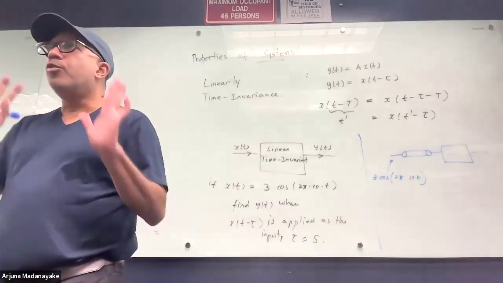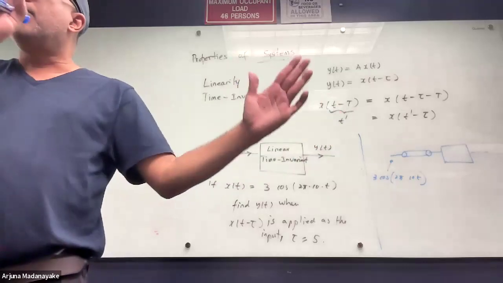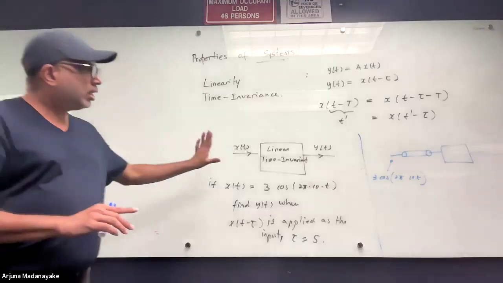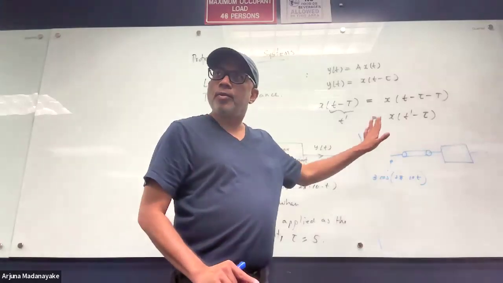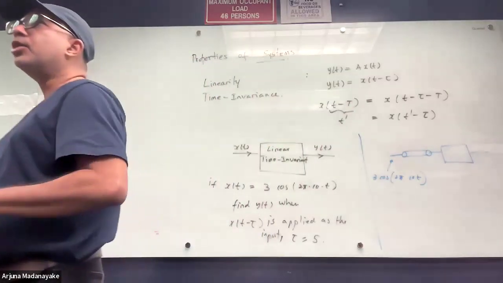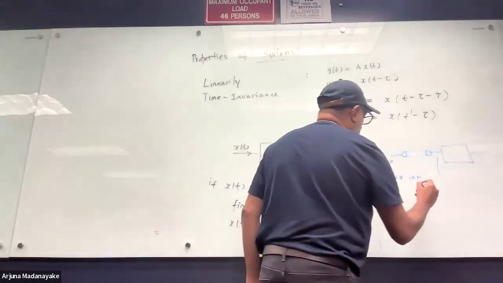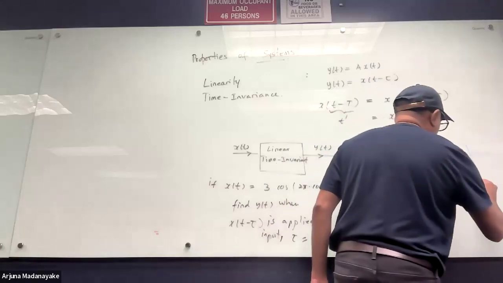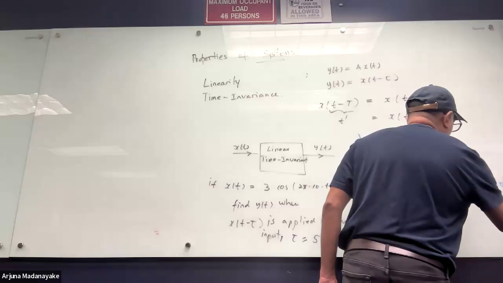That means if you apply a signal, it's just linearly scaled in amplitude. If you delay the input, the output is similarly delayed. Regardless of what x and y are, we delayed the input by tau. So the input model is cos 2 pi 10 times t minus tau.